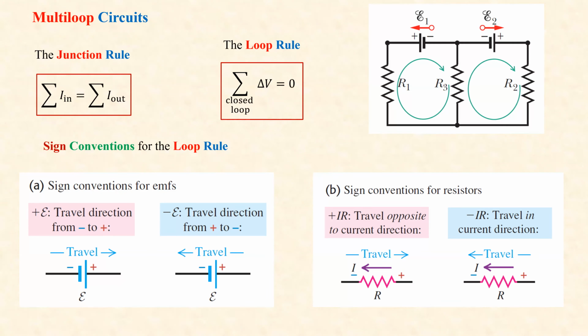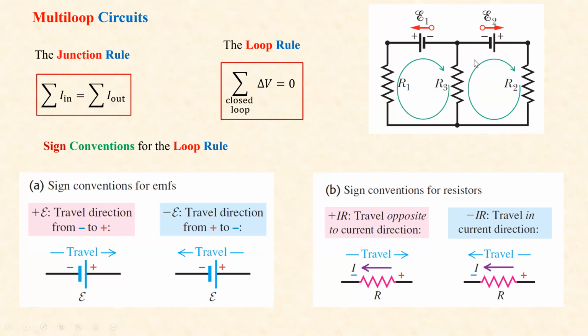All right. So these are very intuitive, but we need to be careful when we write down these conservation laws, especially the loop rule. And it depends on which direction we are going around the loop. For example, if you're going along the loop this way, for this battery, we're going from positive to negative.